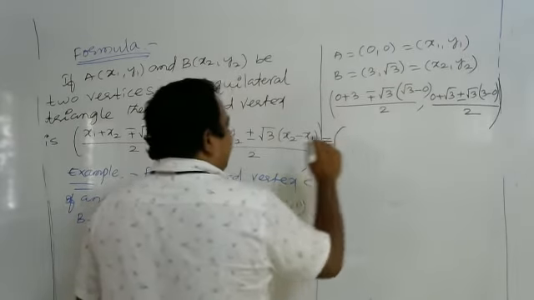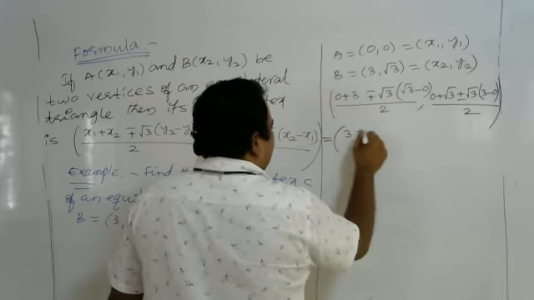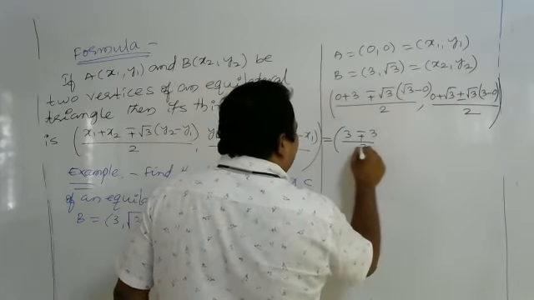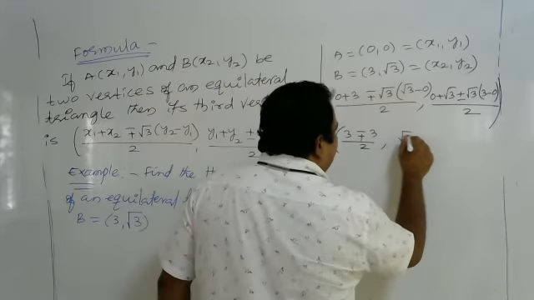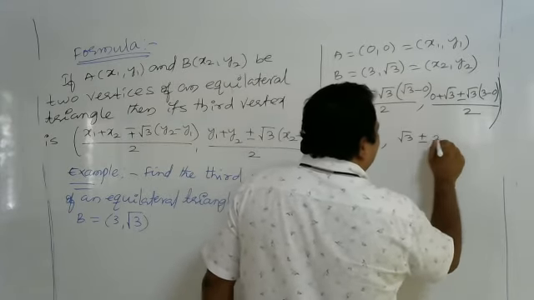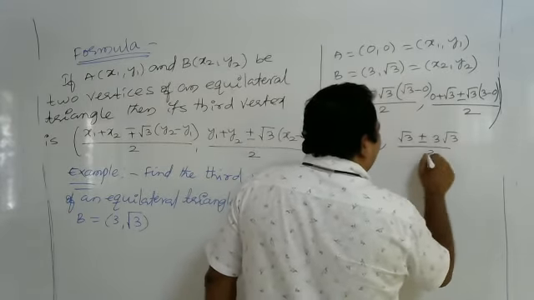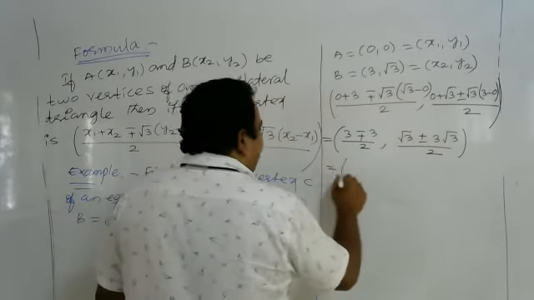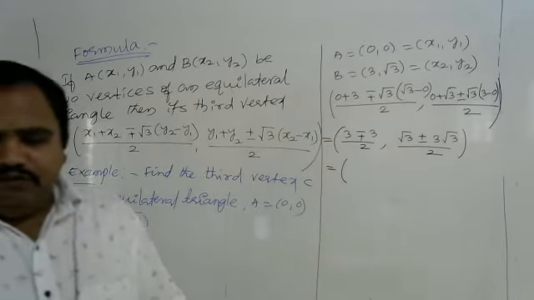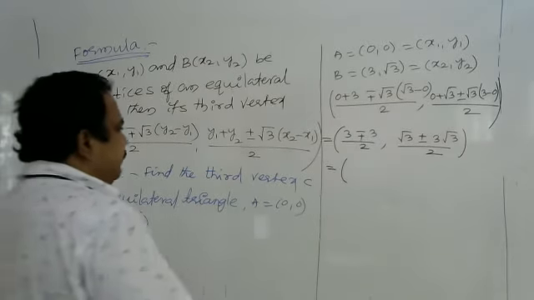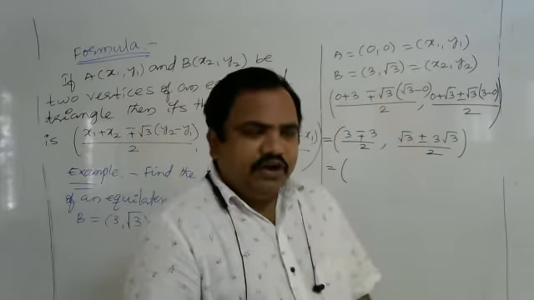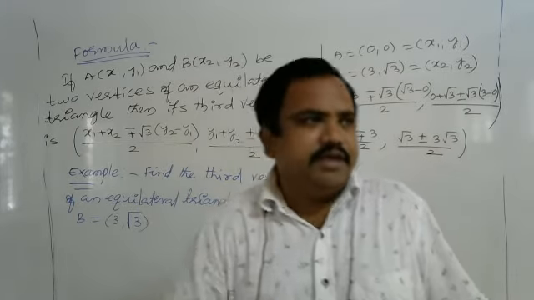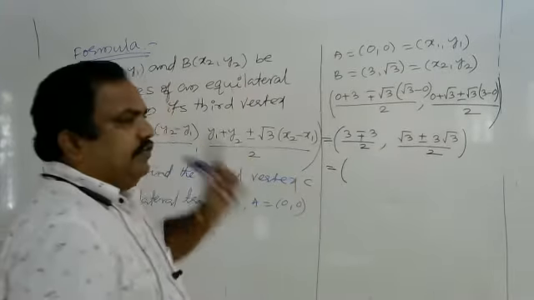Now if I simplify, this is (3 minus or plus √3 into √3) divided by 2, which is 3 divided by 2, and this is √3 plus or minus 3√3. Now the first sign, I told you yesterday already. Remember the formula: the first sign is plus or minus, then minus or plus. Here, minus or plus as well as plus or minus.